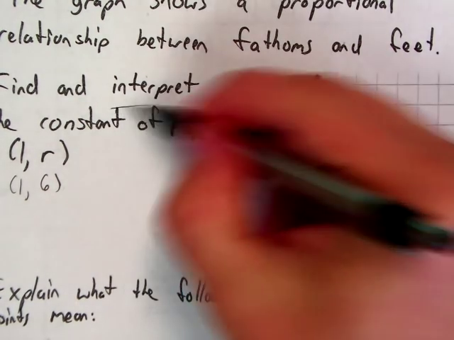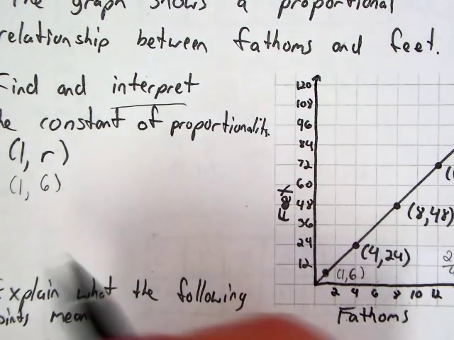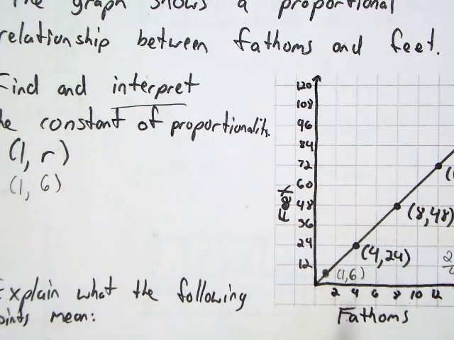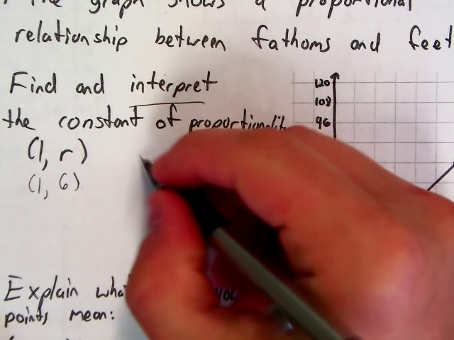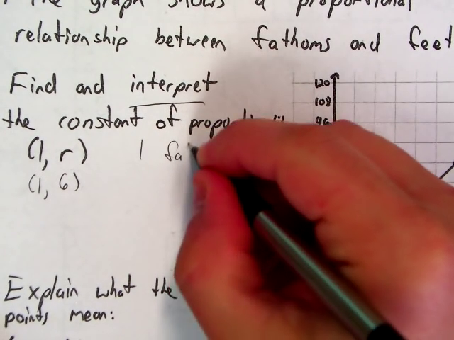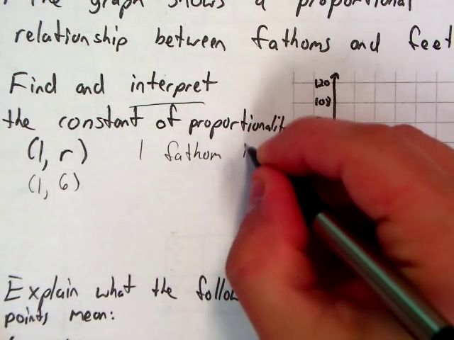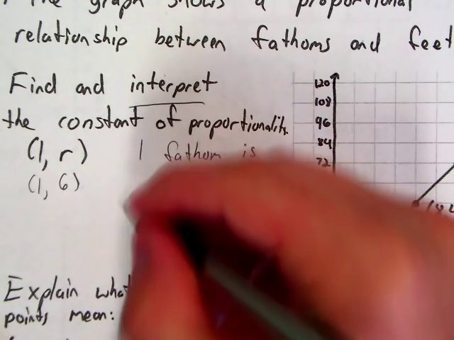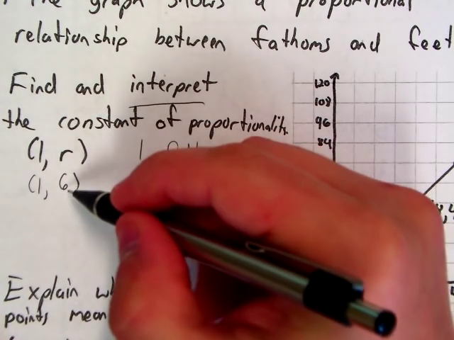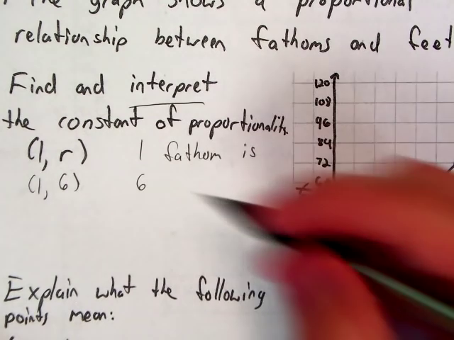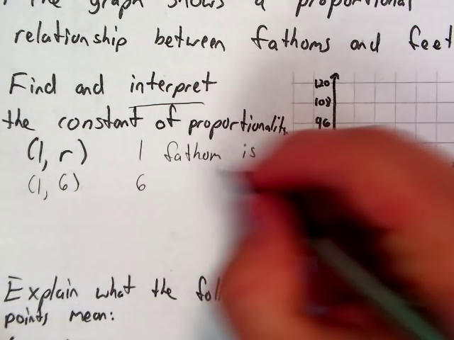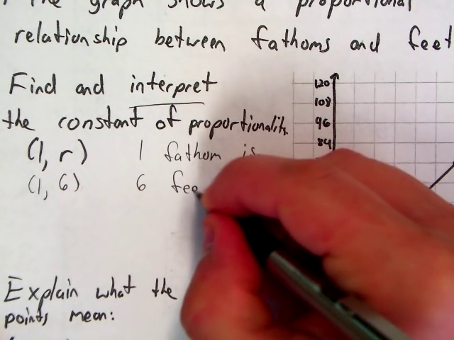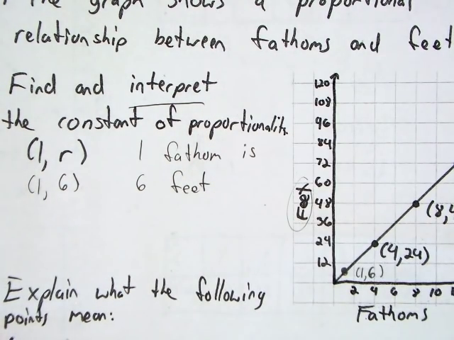Now, the other part says to interpret. This 1 represents the x values here, and that is going to be fathoms. So I'm going to write down 1 fathom is 6, and this is my y information here, so I'm going to look at the y-axis, and that is in feet. So 1 fathom is 6 feet.